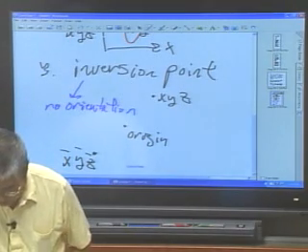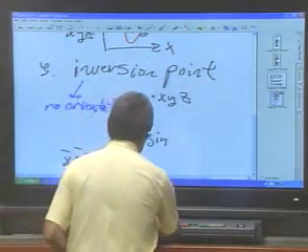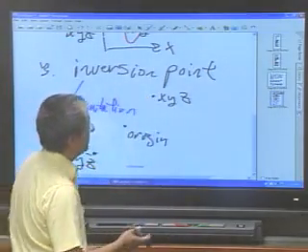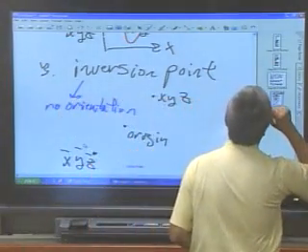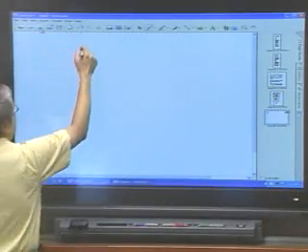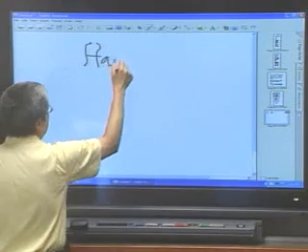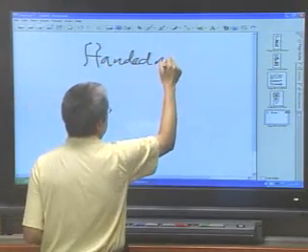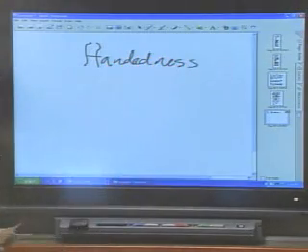Now, if you take the symmetry operations, you can actually divide them into two types based on a concept called handedness. It turns out it's important to know whether or not the symmetry operations change handedness.